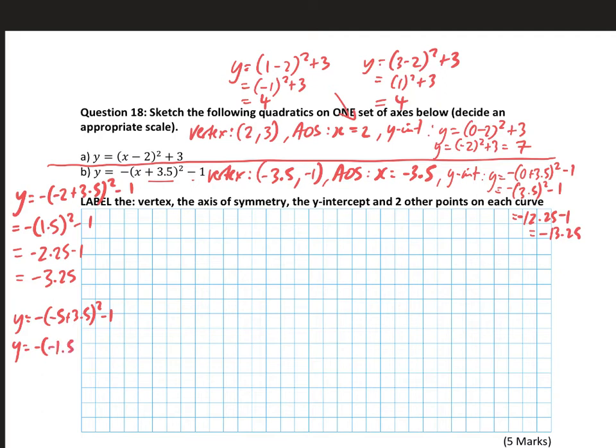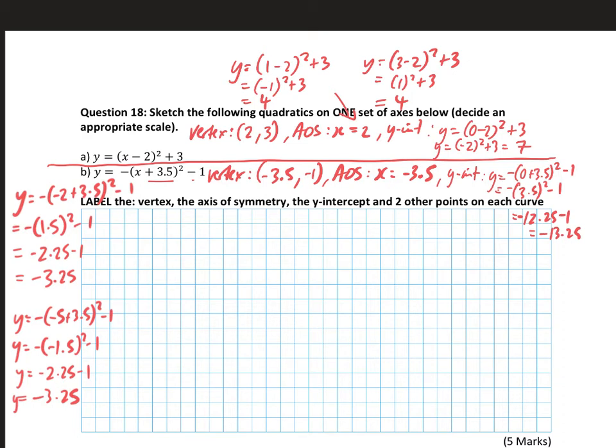Negative 1.5 squared, take 1. Y is equal to negative 1.5 squared is still going to be 2.25, take 1. Y is equal to negative 3.25. So we've got a bunch of locations to indicate.